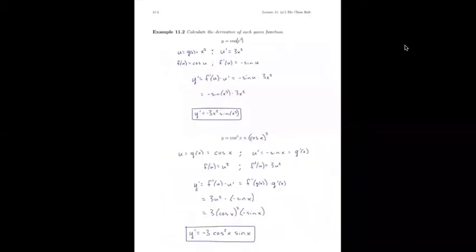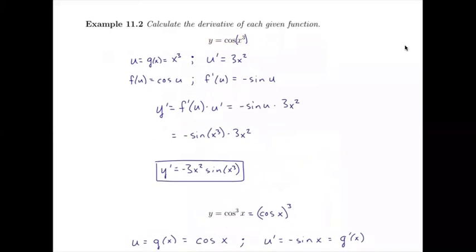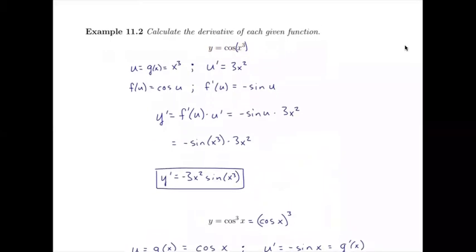So another example, we're asked to find the derivative of y equals cosine of x cubed. Okay, cosine of x cubed. So the outer function is cosine of u, so f of u is cosine u. f prime of u, the derivative of that outer function, is negative sine of u.